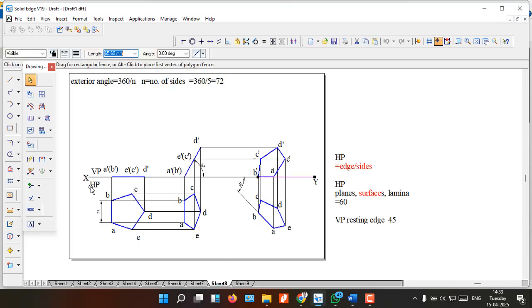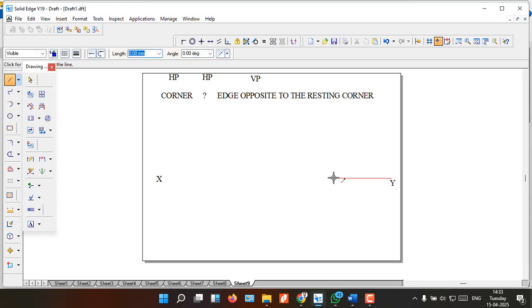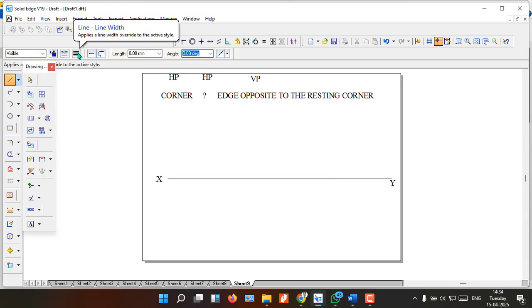So let's take up the XY line here, just copy that one to minimize the time. We already know that when it is resting on the corner, the median of the triangle should be parallel to the XY line.